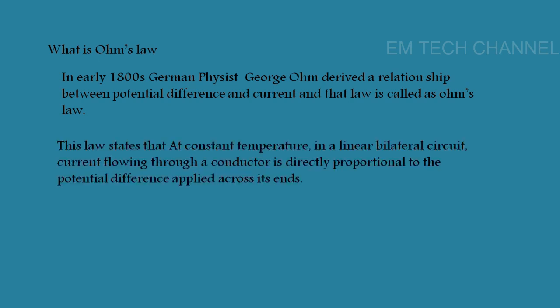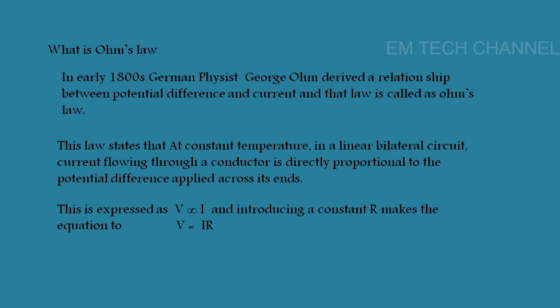By definition, Ohm's law states that at a constant temperature in a linear bilateral circuit, the current flowing through the conductor is directly proportional to the potential difference applied across its ends. This is expressed as V is directly proportional to I, and when we introduce a constant of proportionality R, namely resistance, the formula becomes V equal to IR.